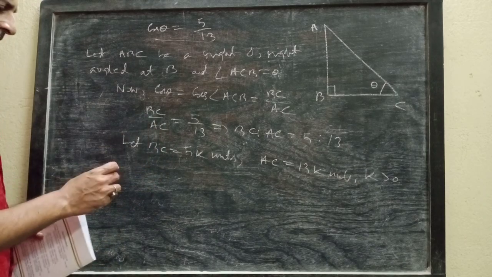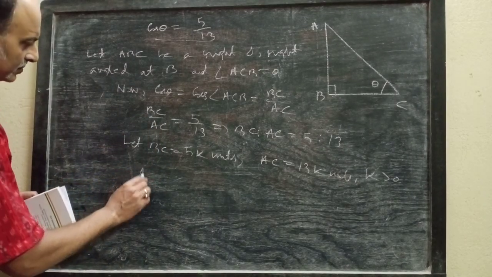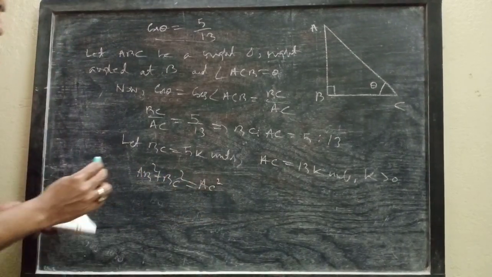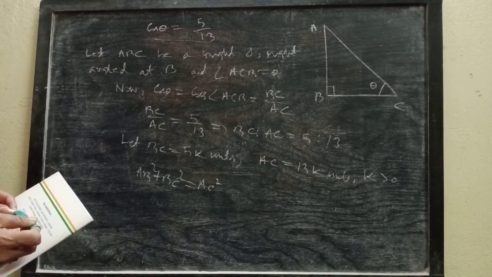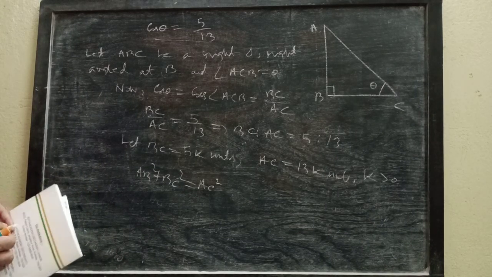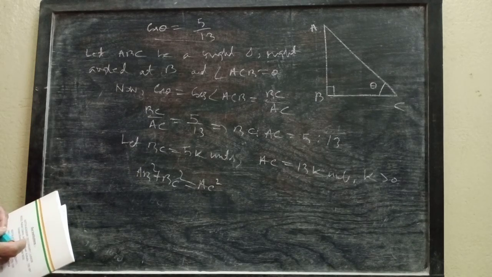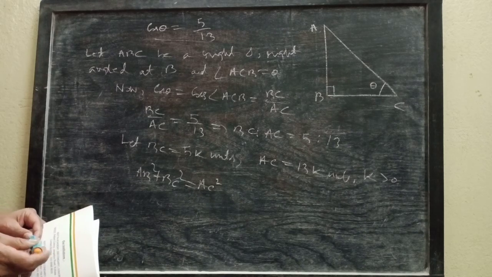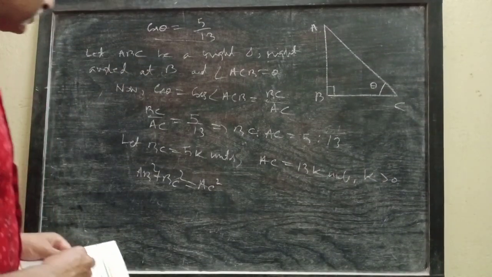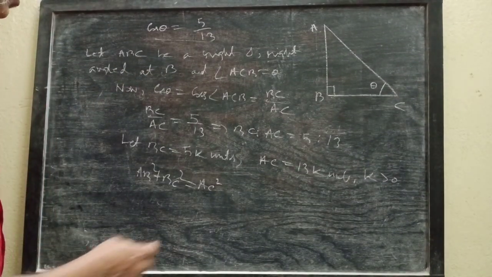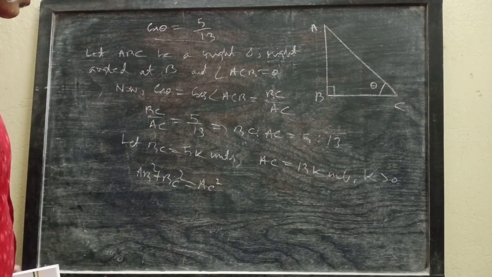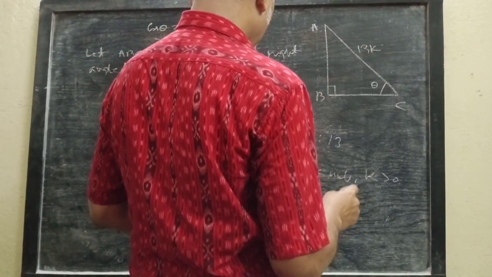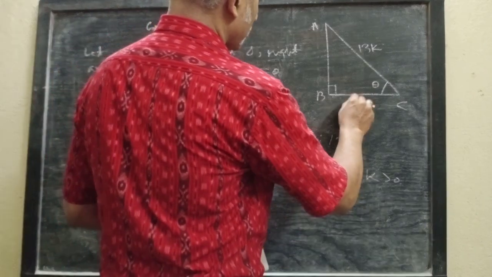Now, as ABC is a right triangle, we have the relation AB square plus BC square equal to AC square. This is Pythagoras theorem. Now put the values here. We know AC is 13k units and BC is 5k units.